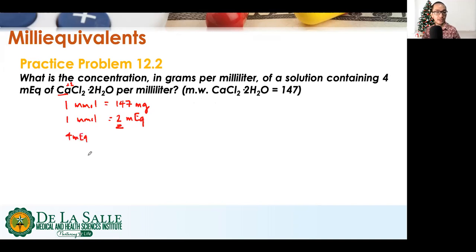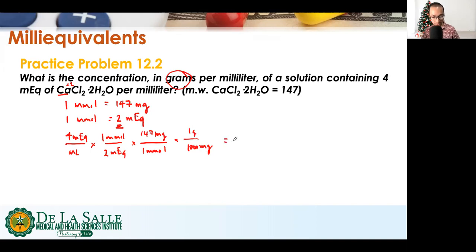Okay, so 4 MEQ of calcium chloride dihydrate per milliliter times 2 MEQ equivalent to 1 millimole times 1 millimole has a weight of 147 milligrams. We will convert now the milligrams to grams. Okay, so this will be 1,000 milligrams, 1 gram. So this will be equal to 0.29 gram per ml.